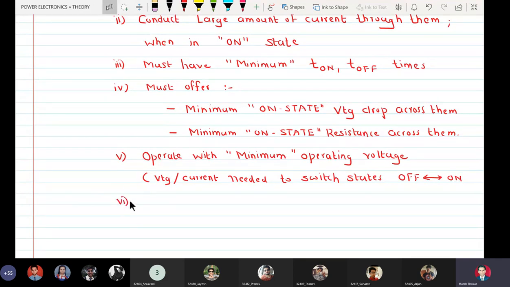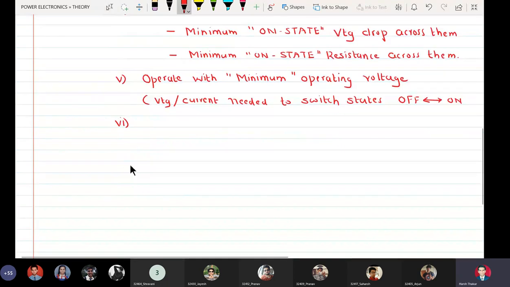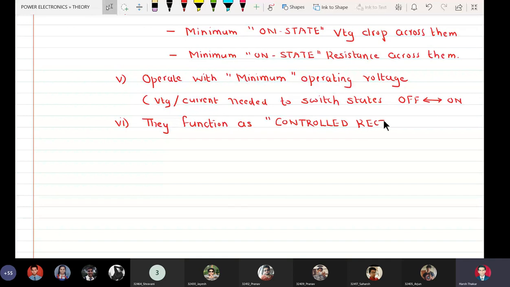And sixth important property which all of them exhibit is that they function as controlled rectifiers.